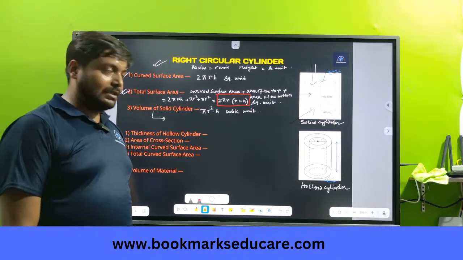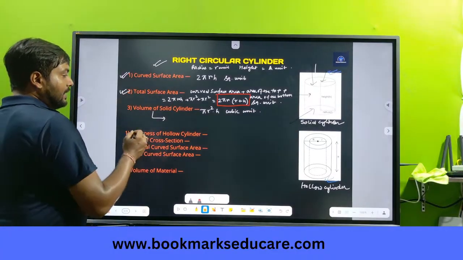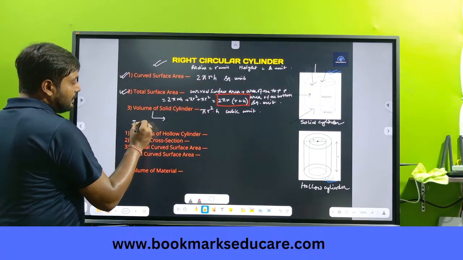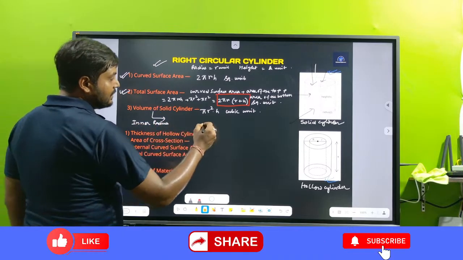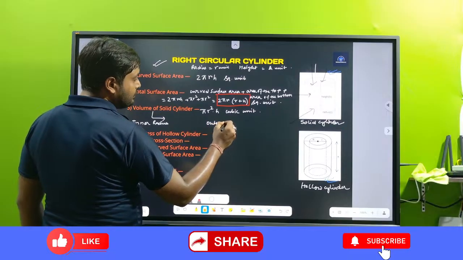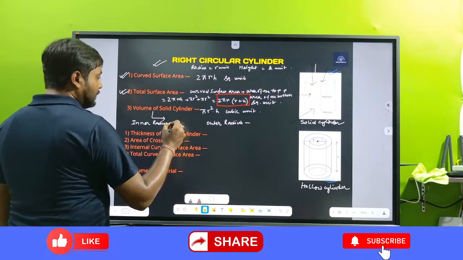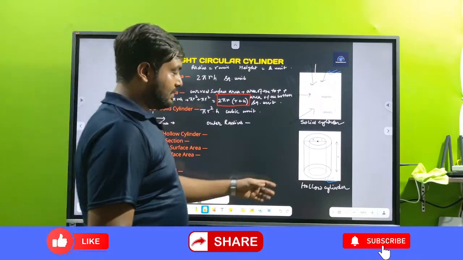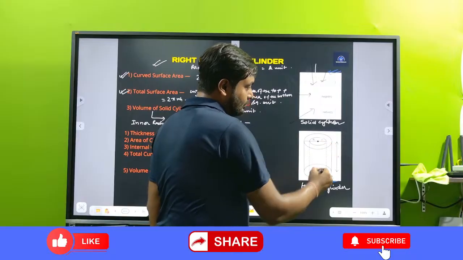In case of hollow cylinder, few terms are there. That is, there is an inner radius, there is an outer radius. The inner radius, you can see in the picture that the inner radius is this one.